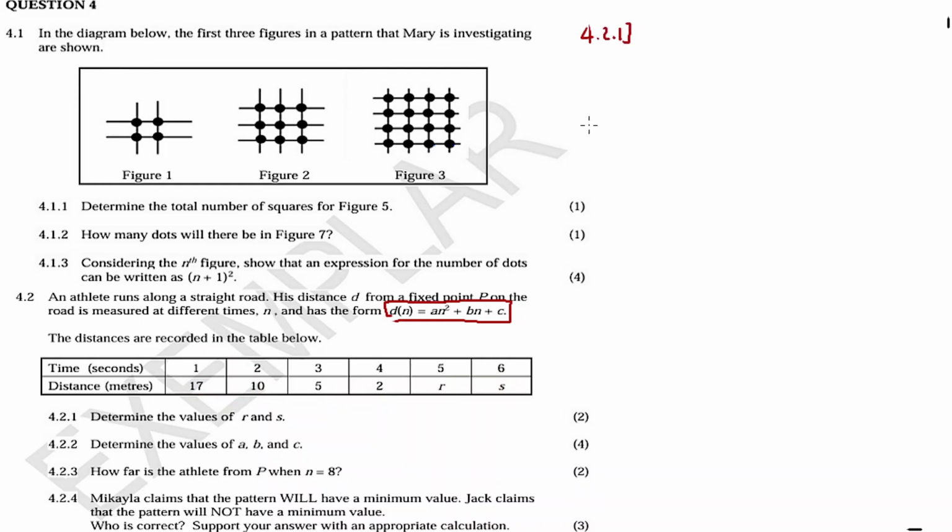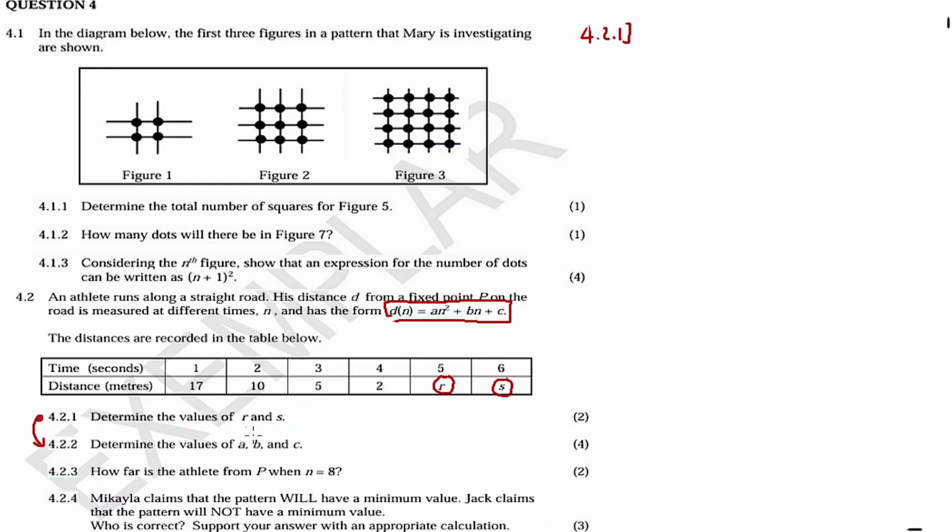4.2.1, determine the values of R and S. Check again. Carefully, this one wants us to find R and S. You see other people skip this question, then go to the following question, 4.2.2, and get the nth term.